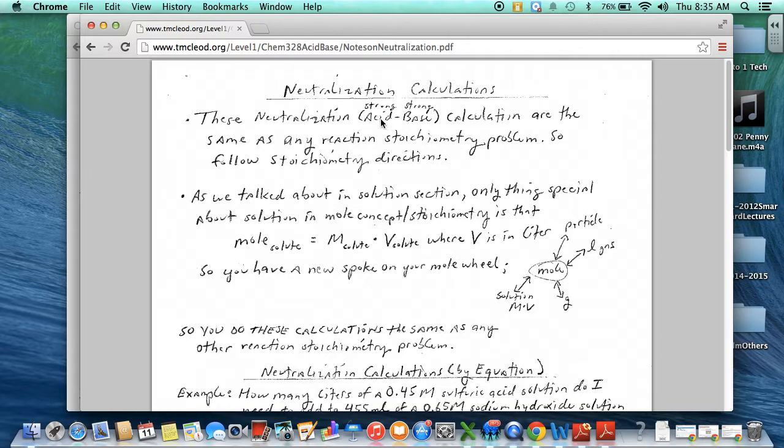We will be given enough information to figure out the moles of the acid solute or the moles of the base, and then we try to find one of the two of the opposite, since both the substances are solutions.